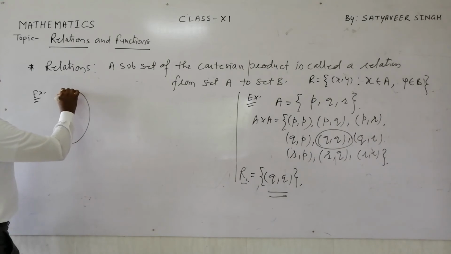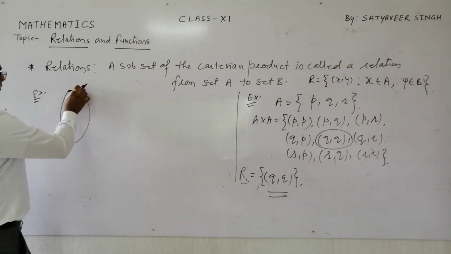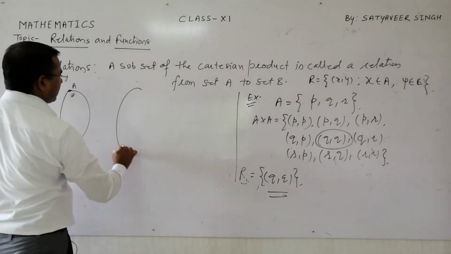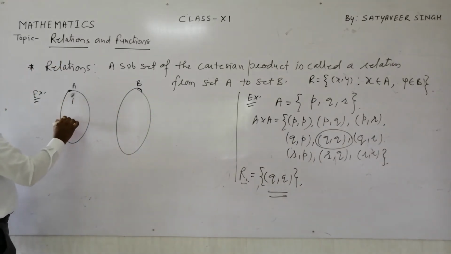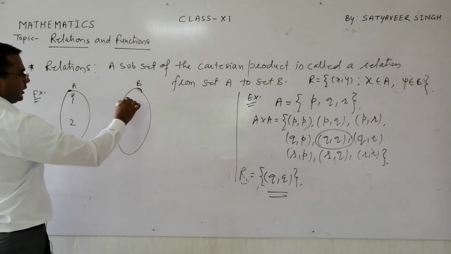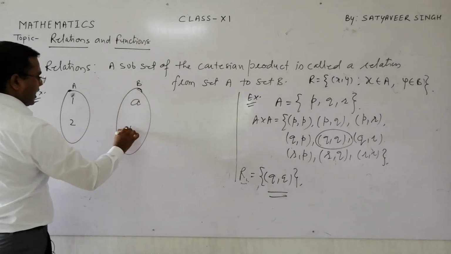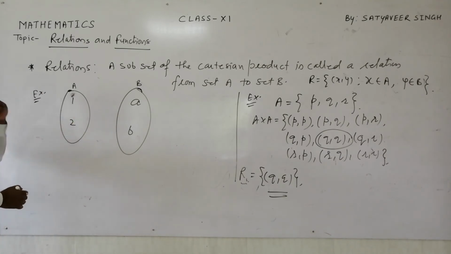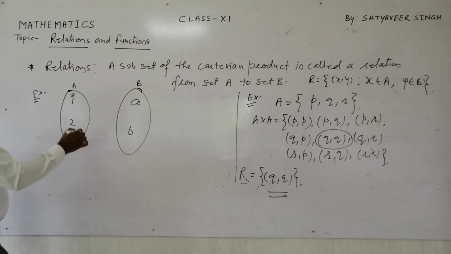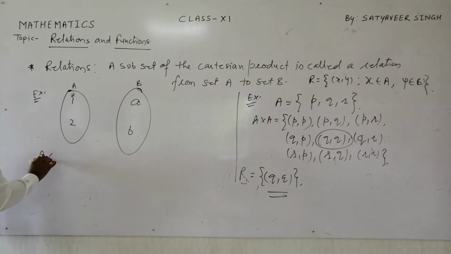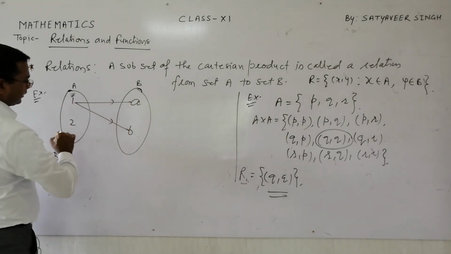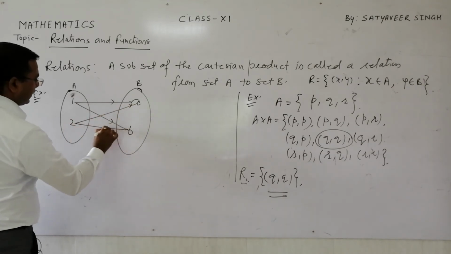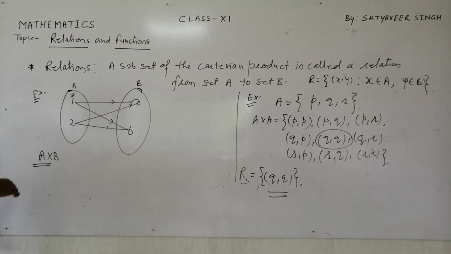There is a set A, and there is another set B. Set A is having elements 1 and 2. Set B is having elements a and b. So what is the Cartesian product of these two sets? Cartesian product A cross B we can represent like this, this, this and this. It represents the Cartesian product of these two sets.